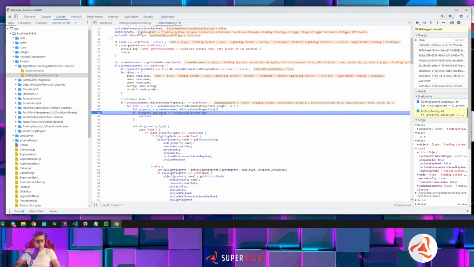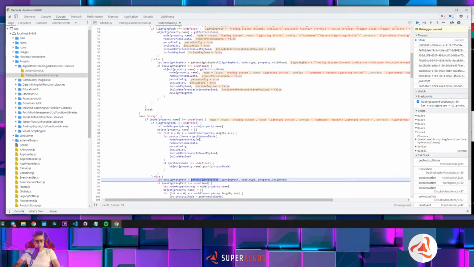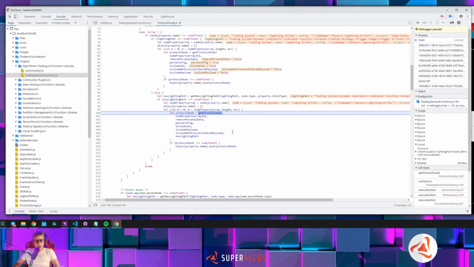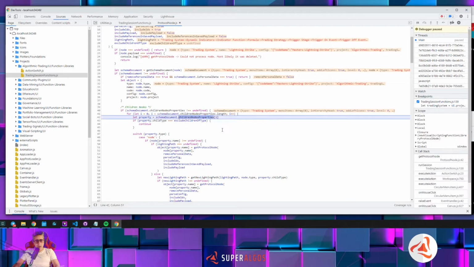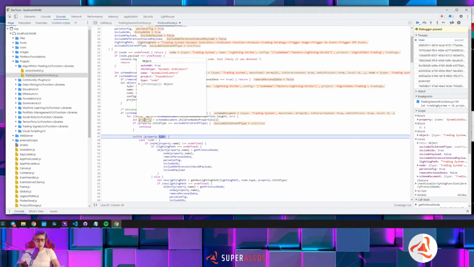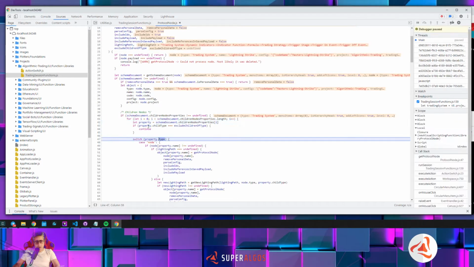So we stop here, and I can stop here because it's going to stop in the inner executions. The only way is to step over several times.